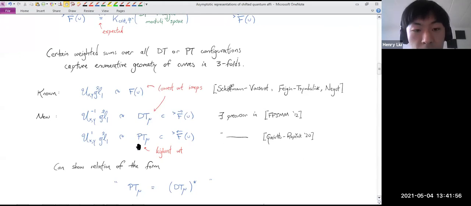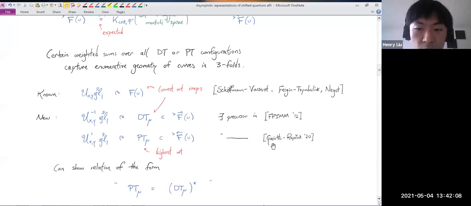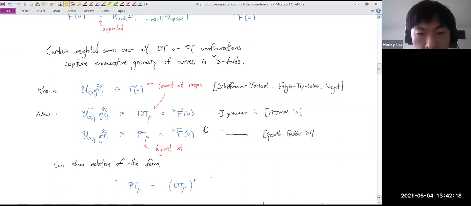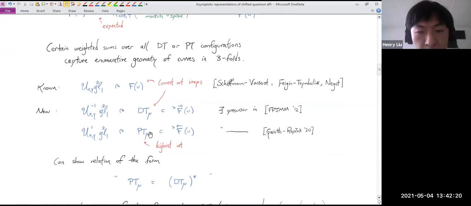It has been suggested that there is some shifted quantum toroidal GL1 acting on some module whose basis is indexed by PT configurations. This was first suggested, to the best of my knowledge, in a paper by Kyoto and Rubchuk very recently. But I don't think they have a systematic construction of this PT module.